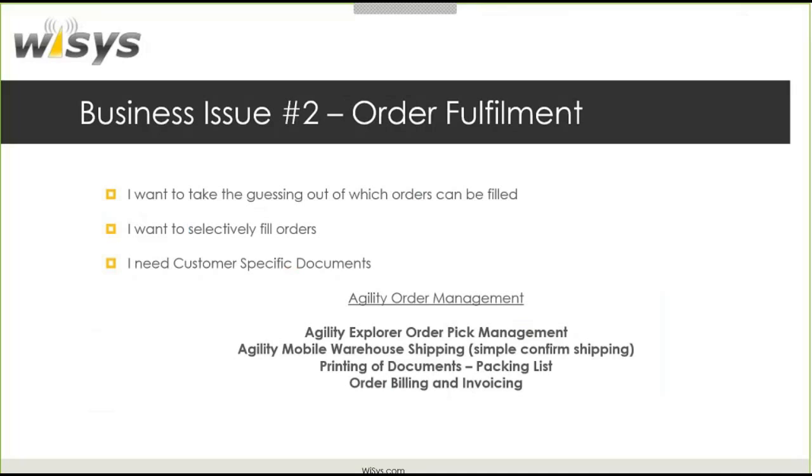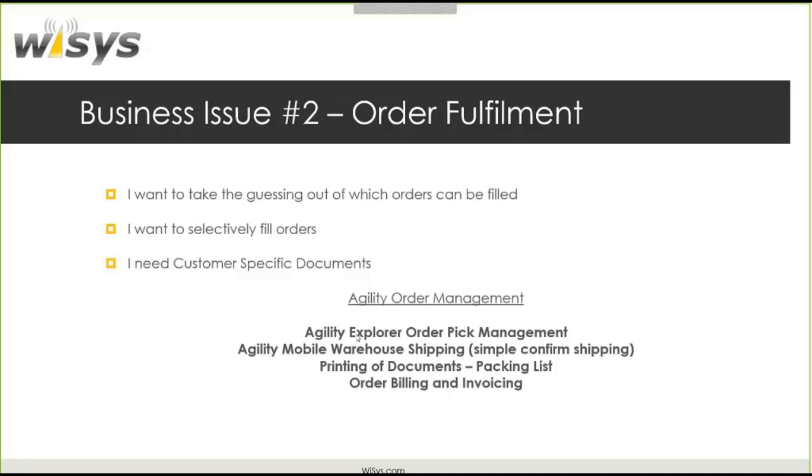I want to take the guesswork out of figuring out which orders can be filled. So I want to make decisions. And not only that, but the scenario today is even though I did a PO receipt, I'm still short on material. So I'm going to have to make some decision here on who's going to get product. And I need customer-specific documents.